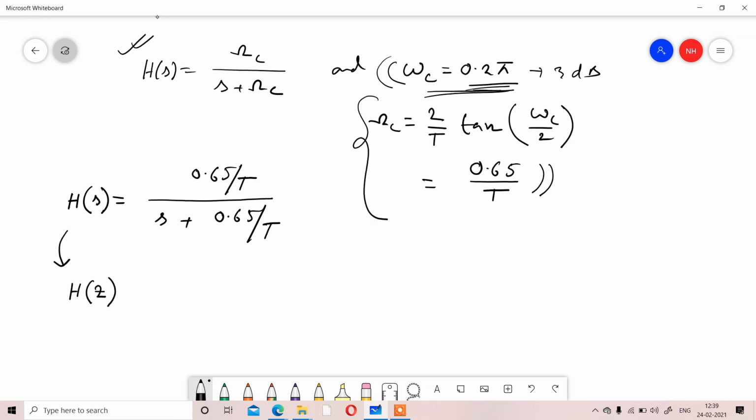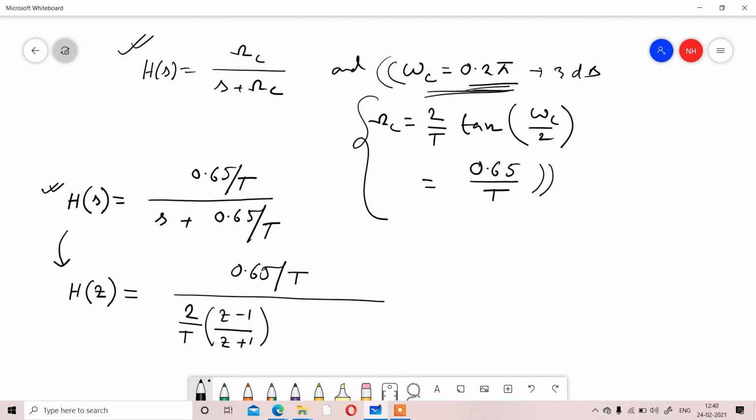Now that analog frequency is put into the previous analog transfer function, and then that analog transfer function is converted to the digital transfer function by representing s as 2 by T times z minus 1 by z plus 1. So that is 0.65 by T. That is the pre-warping process.